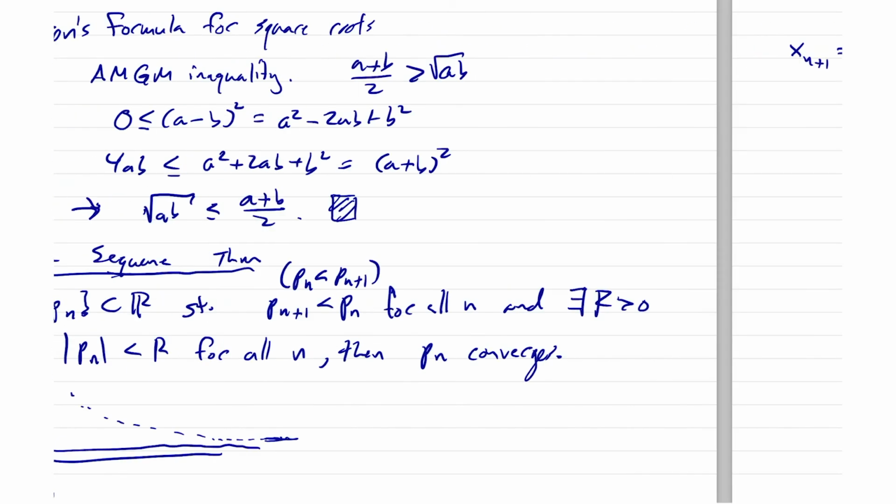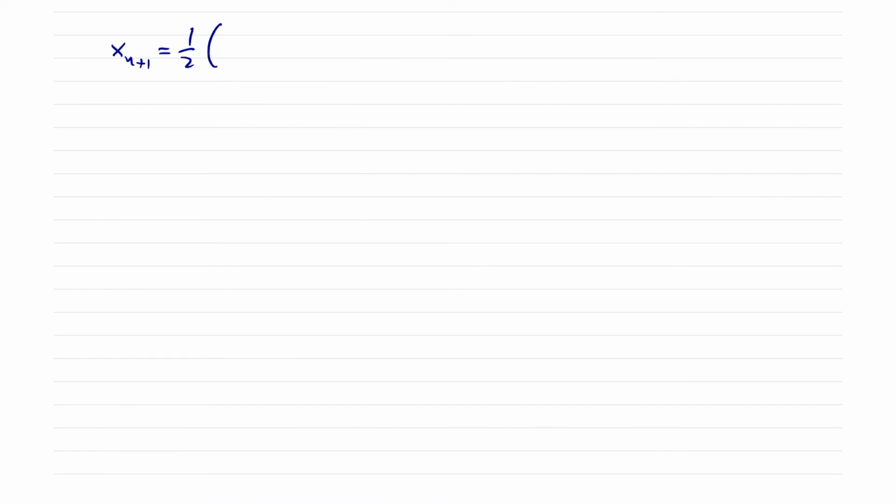So Heron's formula is this: x_(n+1) is equal to 1/2 of, let's just find the square root of 2, 2 over x_n plus x_n. Okay, so the first thing I'm going to show you is that this is actually a monotonically decreasing sequence, provided we start with x_0 being bigger than, say, the square root of 2.